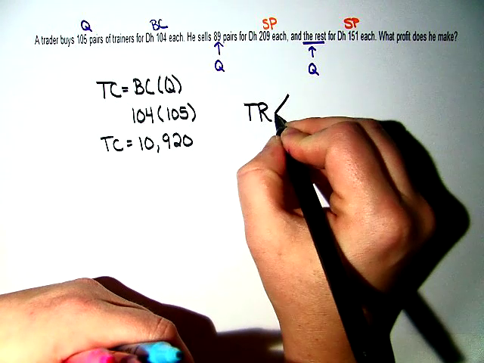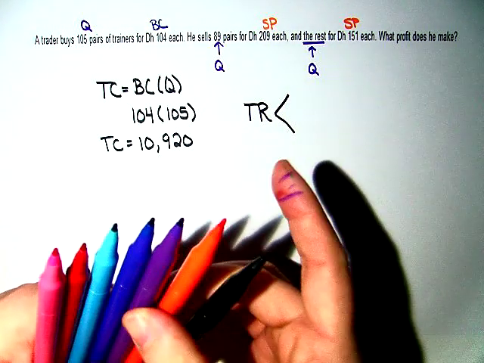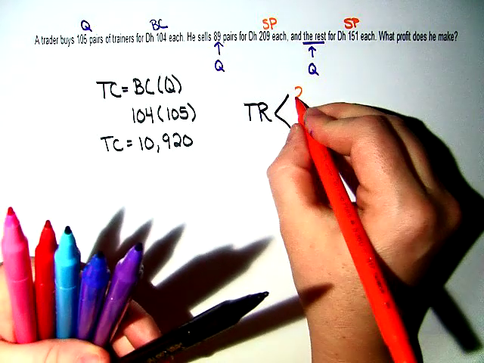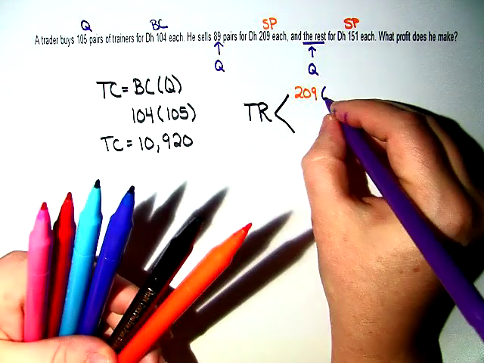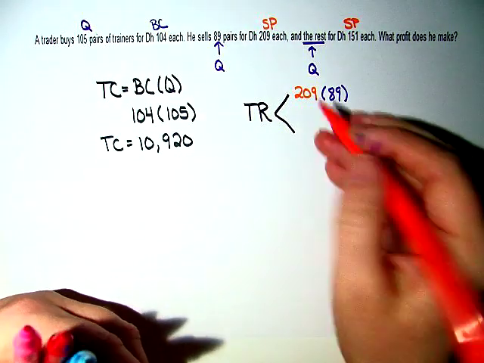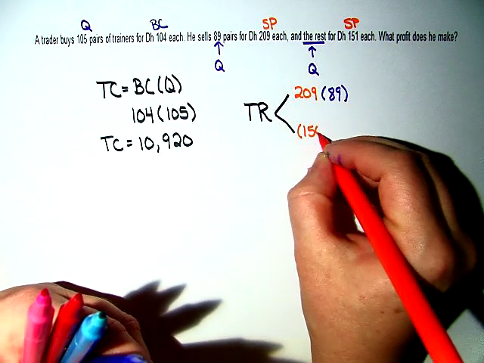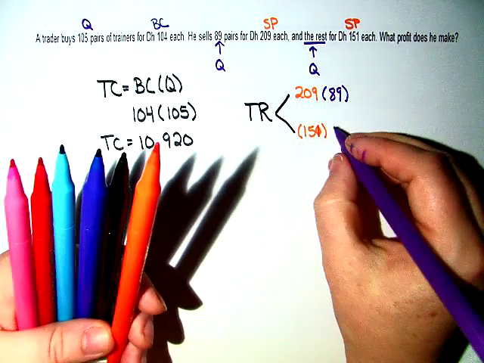Now the next thing is total revenue. And my total revenue takes two different streams. The first stream is that we have 209 multiplied by my quantity, which is 89. And then the rest were 151. But we don't know how many.